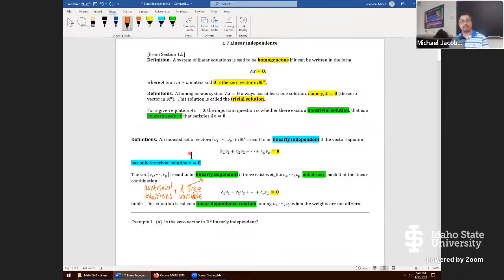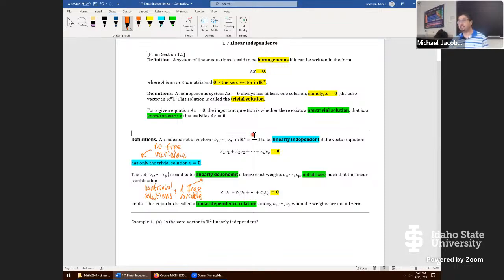In other words, you only had the trivial solution x equals 0, meaning here we have no free variable. In the situation of only the trivial solution, that means every single variable in the system was a basic variable. There were pivots in every single column, aside from the far right one.